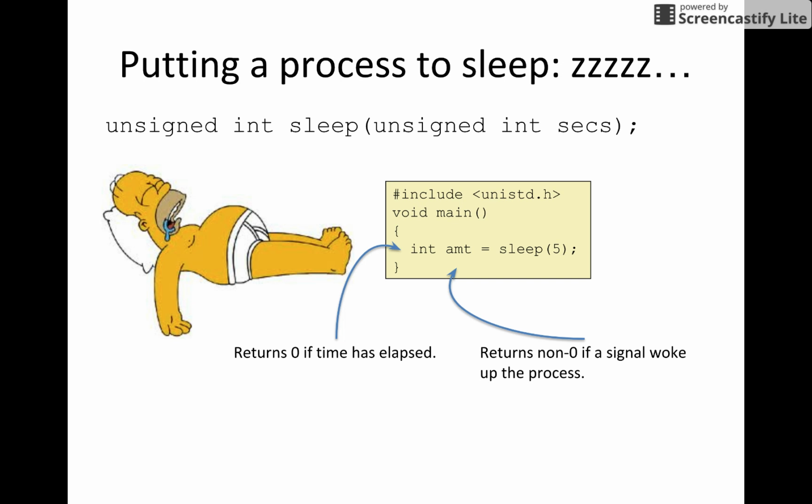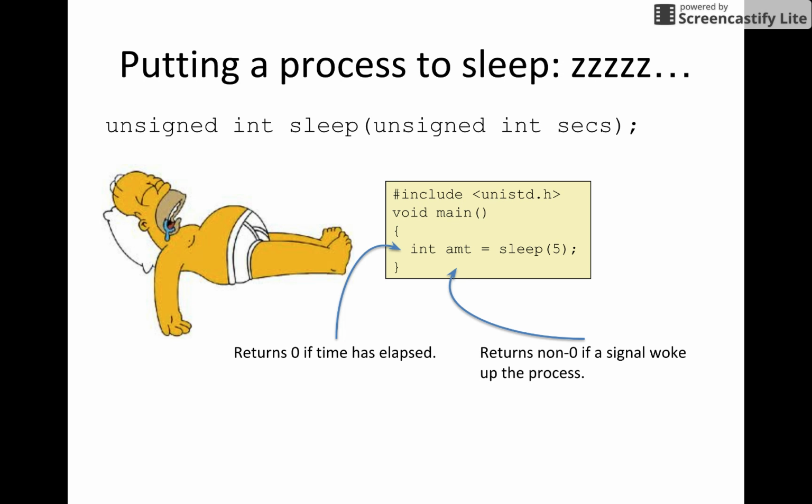Sleep takes as one of its parameters an unsigned integer for the number of seconds the process is to be put to sleep. What this means is that the operating system will actually suspend the process and not schedule it to run on the CPU for however many seconds you pass as a parameter to the sleep function.